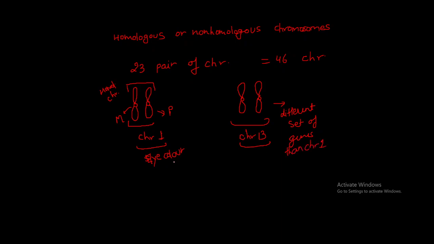So chromosome number 1 and chromosome number 13 are non-homologous chromosomes because they have different sets of genes. And X and Y are also non-homologous chromosomes.